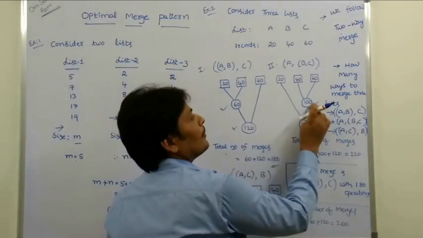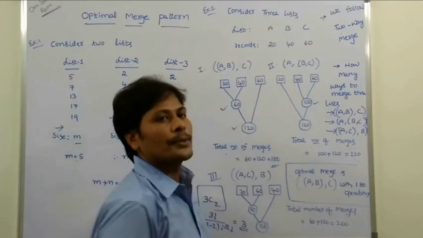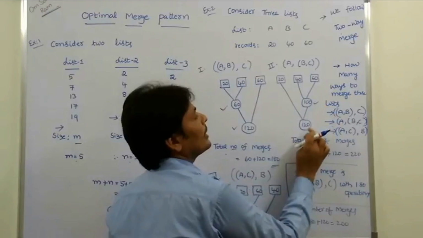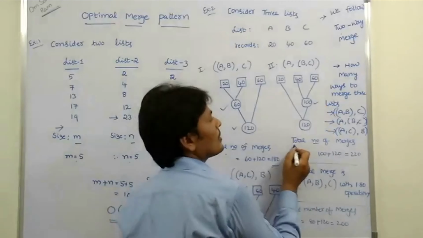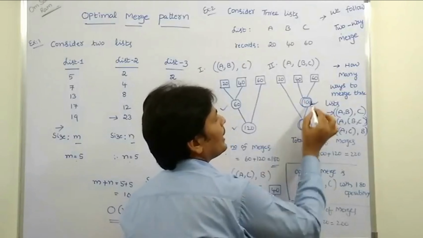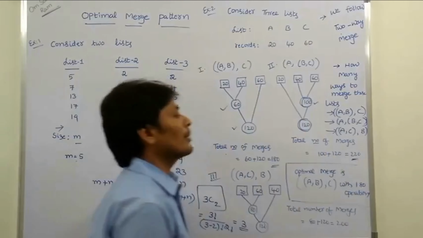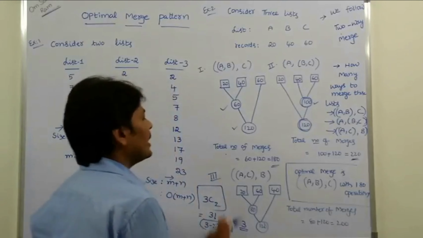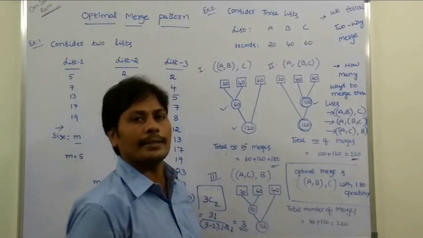This merged result is merged with list A, which contains 20 records, so 20 plus 100, that is 120. The total number of merge operations is the sum of internal nodes, 100 plus 120, equal to 220.